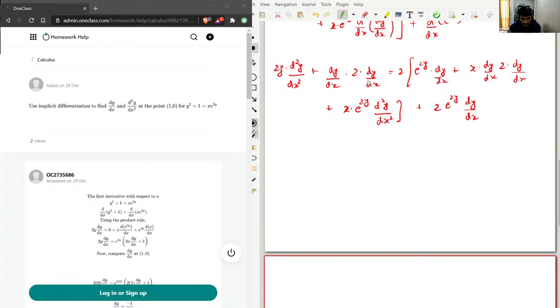Now instead of multiplying this dy by dx, let's just keep the values. So we have the value y is 0, and dy by dx we calculated for (1, 0) was negative 1 over 2, and x was 1.